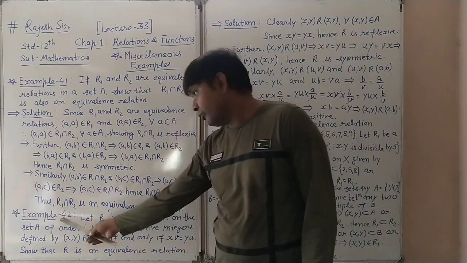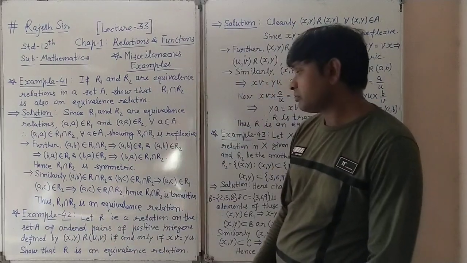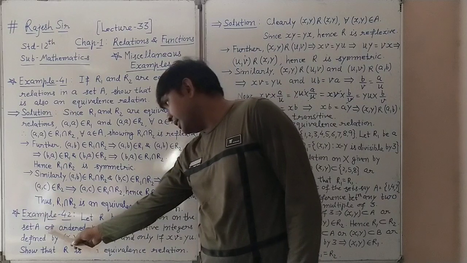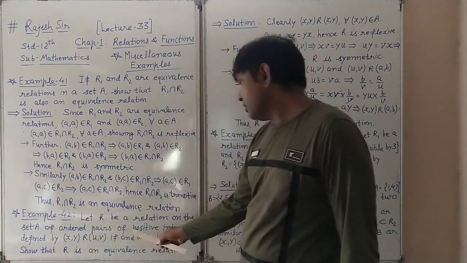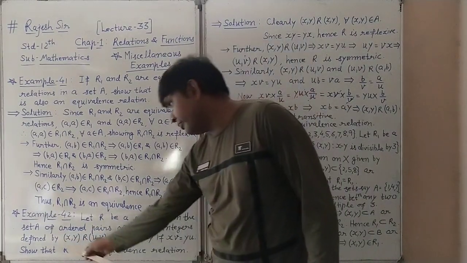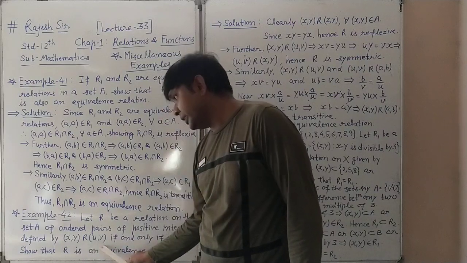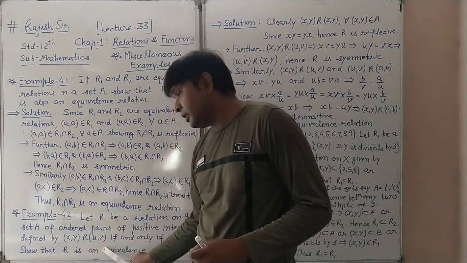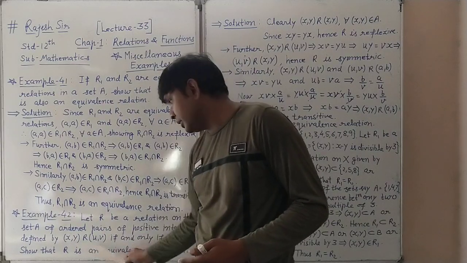Now next is example 42. Let R be a relation on the set A of ordered pairs of positive integers defined by (x, y) related to (u, v). You know this notation of relations; this way also we can show the relation between (x, y) and (u, v).